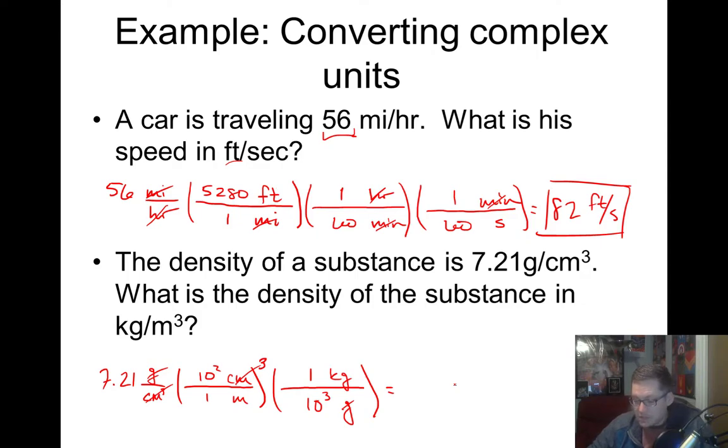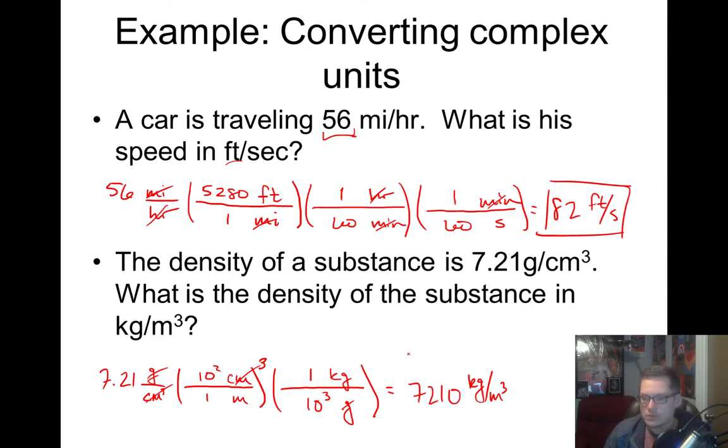You get 7,210. This has 3 sig figs, so if we write 7,210 kilograms per meter cubed, that has 3 sig figs too, because trailing zeros don't count as sig figs unless there's a decimal point. So that's an acceptable answer.